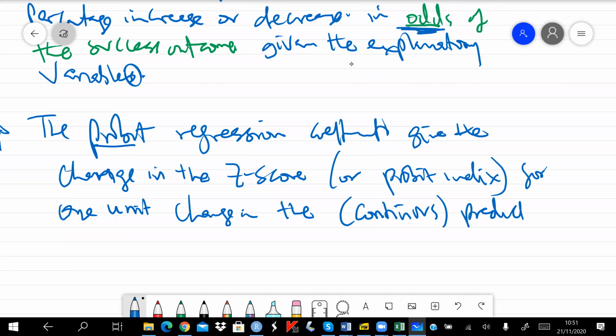So if your predictor is continuous, that's how you interpret the coefficient.